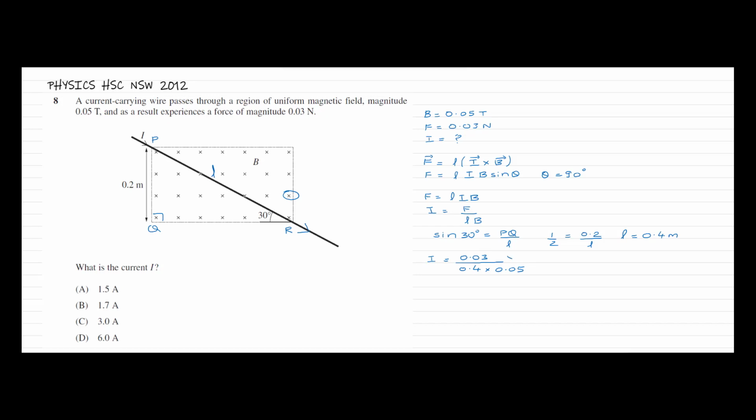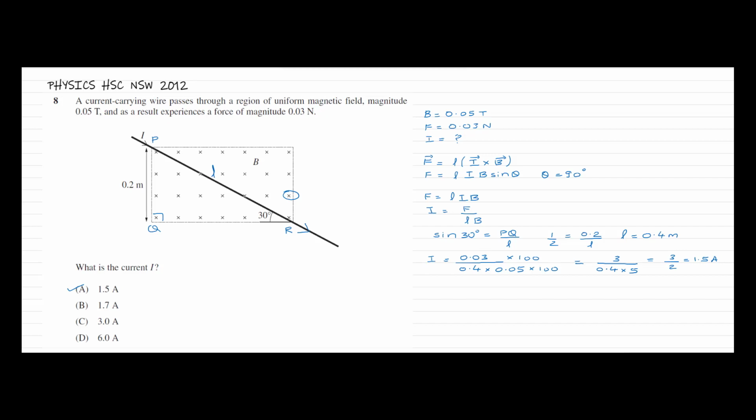So if I multiply the numerator and the denominator by 100, you will get this will be equal to 3 divided by 0.4 into 5. So which in turn will be equal to 3 divided by 2, and which is actually 1.5 ampere. Alright, so the answer is option A, which we just calculated. The value is 1.5 ampere.